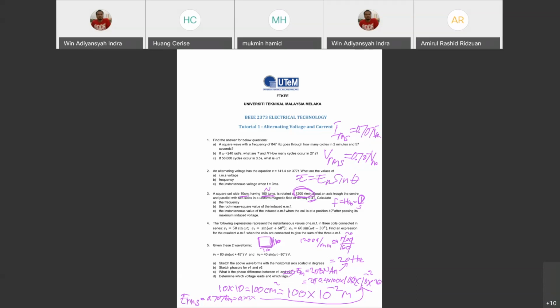But be careful with the degree, because it is stated position 40 degrees after passing its maximum induced voltage. Sine.